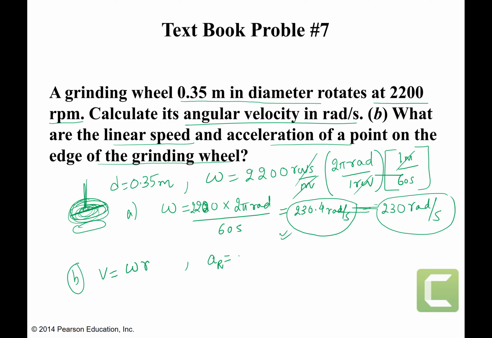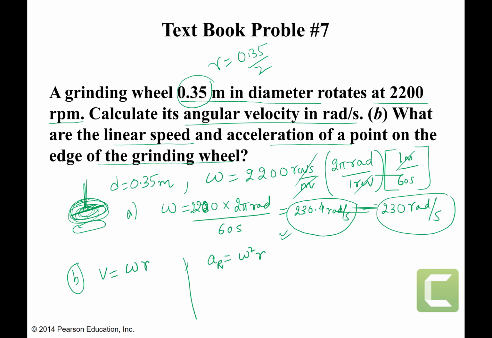So the radial acceleration is omega square r, so you can use these equations to find out. We know the diameter is given as 0.35 meters, but in order to find r, you have to divide this by 2. So r is equal to 0.35 divided by 2, since this was the diameter.